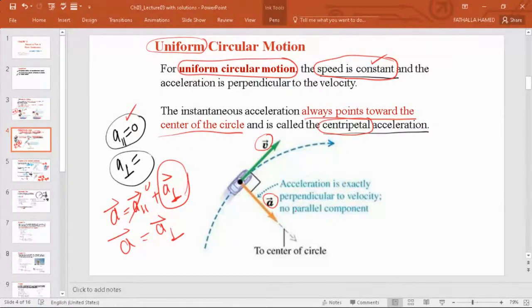So when you move around a circle, you need a centripetal acceleration, which is responsible for changing the direction of your velocity. And when you move in a circle, your velocity is always tangent to the circle. And the centripetal acceleration is always pointing toward the center, and that's why the angle between both of them is 90 degrees.